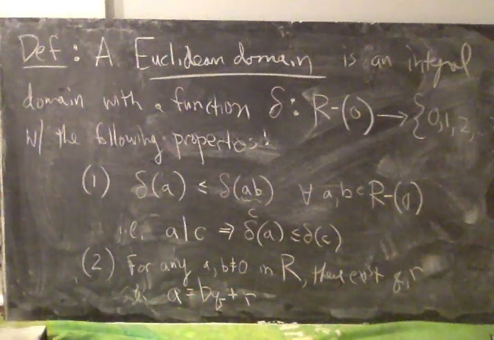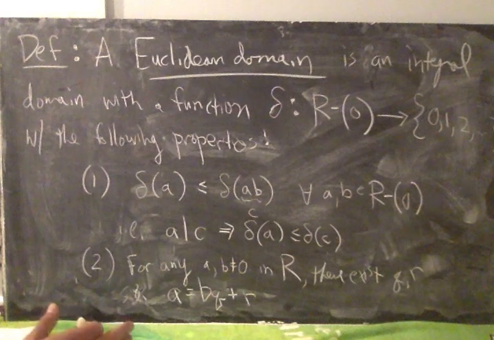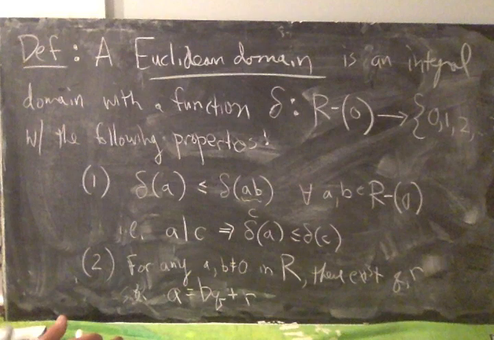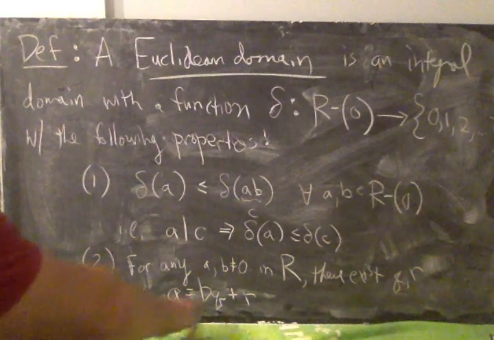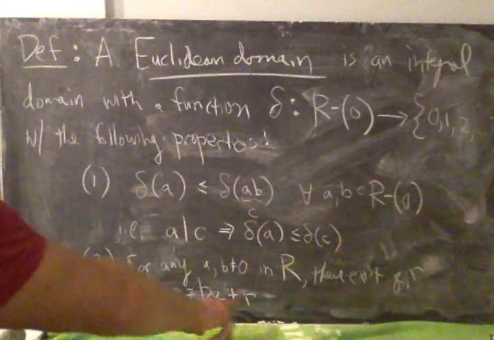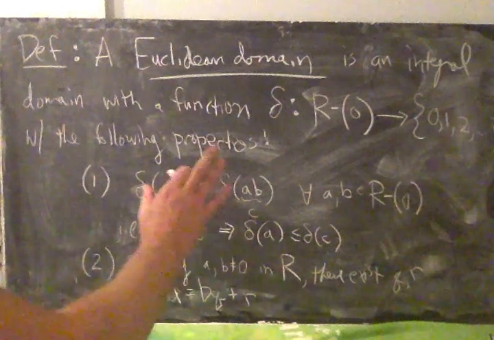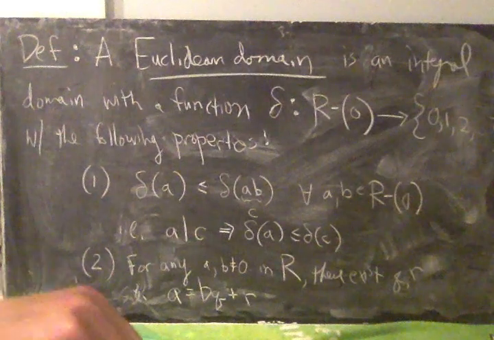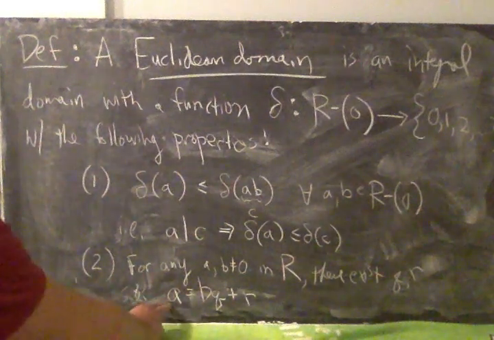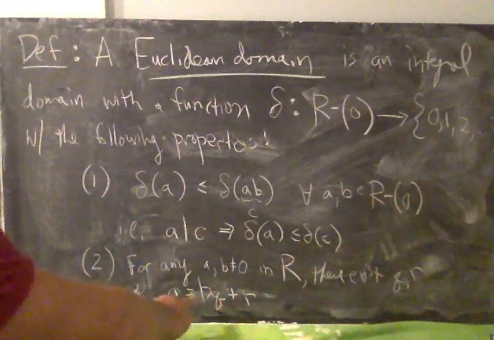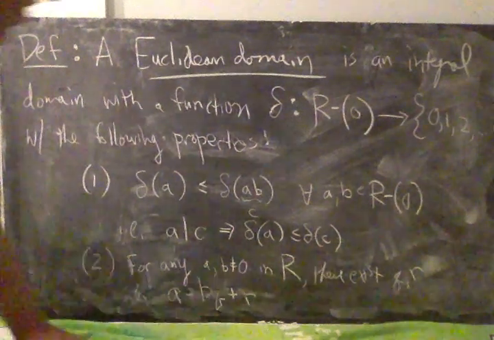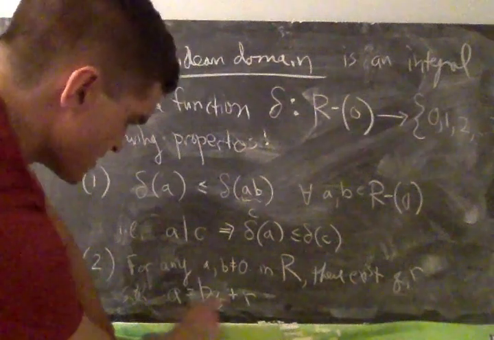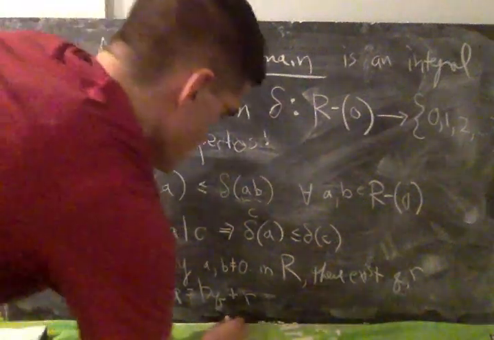I want to emphasize I'm not telling you there's a general algorithm that tells you how to do this division. It's just that for the function delta to satisfy this definition, for every A and B there has to be such a way of writing A in terms of B, and the function delta comes in the following way.